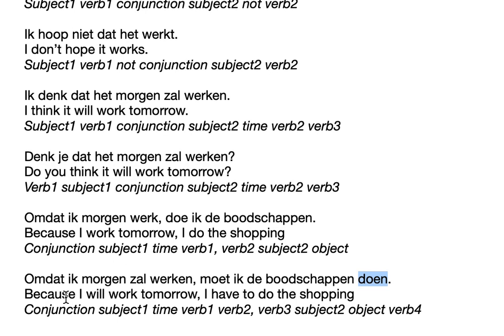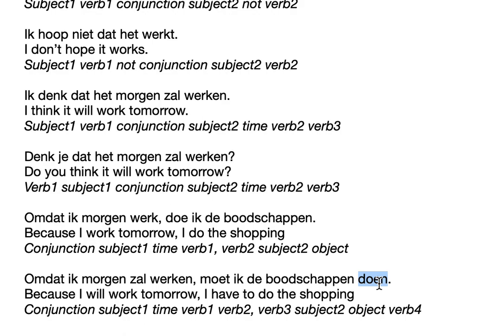So let's see the word order here. First the conjunction, your subject, time or rest, and then verb 1, verb 2, so a conjugated verb, infinitive, or second part of the verb. Moet ik, inversion, so conjugated verb of the main clause, and subject, rest, and the second part of the verb. Good.